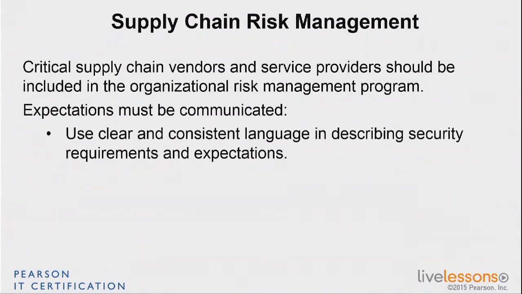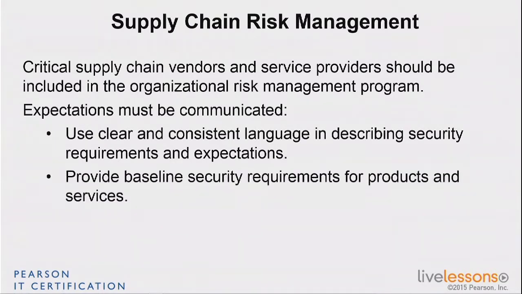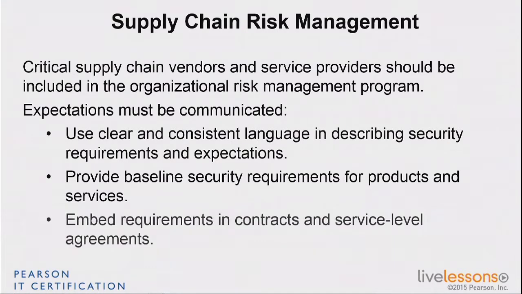We need to make sure that with all of our supply chain partners, and particularly our critical ones, we're using clear and consistent language in describing our security requirements and our expectations, and that we are providing baseline security requirements for all products and services, and that we embed our requirements in our contracts and service level agreements. In an earlier lesson, we discussed ensuring that we had information about regulatory requirements and incident response in our contracts, as well as having NDAs and service level agreements.